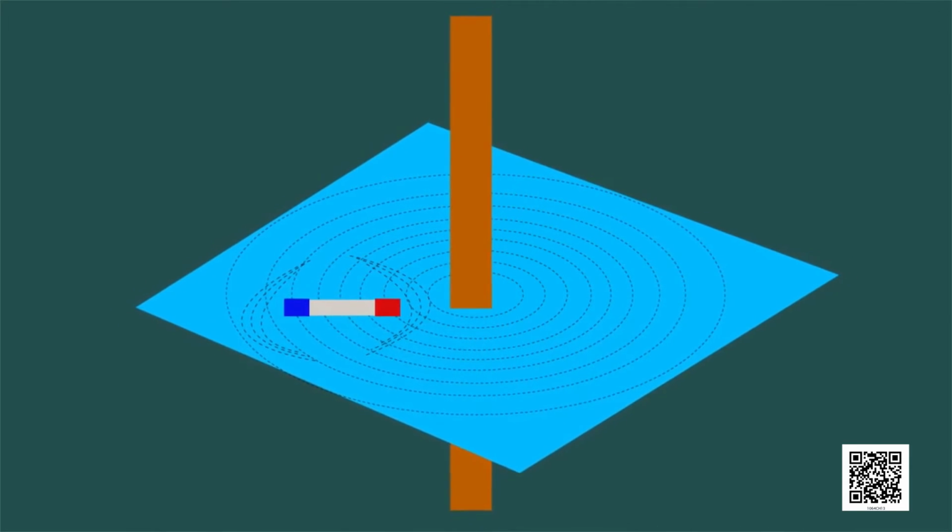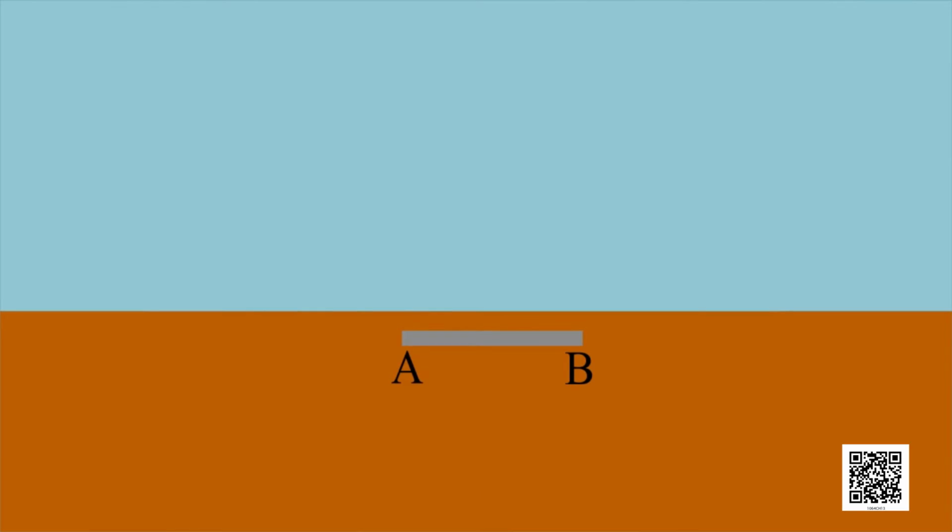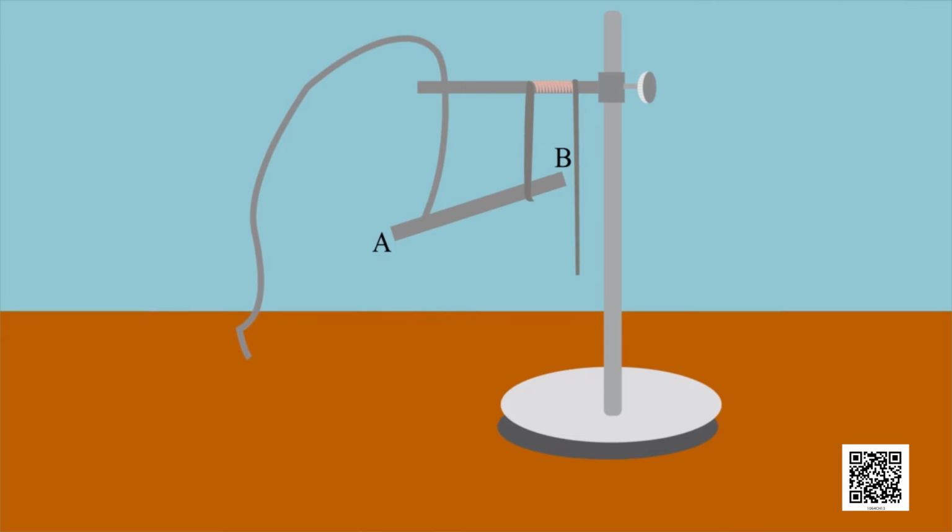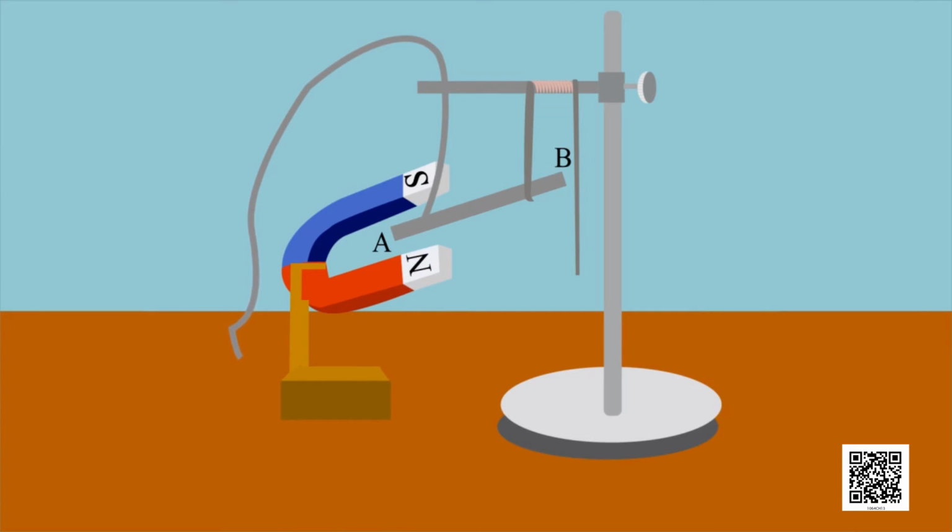For this, take a small aluminium rod and suspend it horizontally from a stand using two connecting wires. Place a strong horseshoe magnet in such a way that the aluminium rod lies between the two poles with the magnetic field directed upwards.